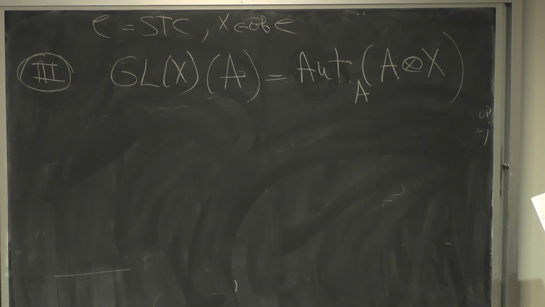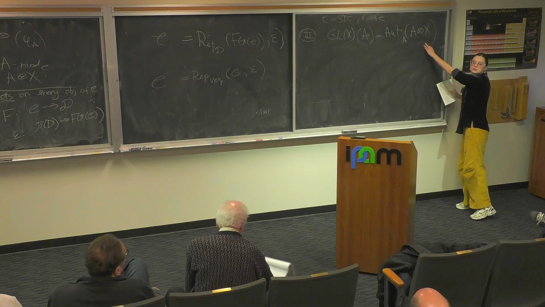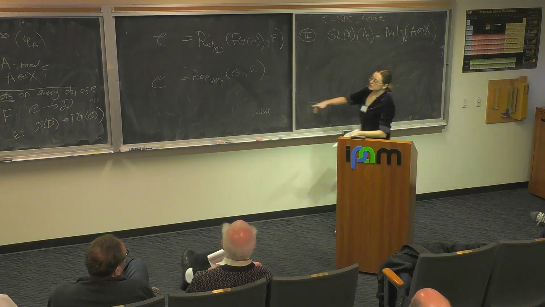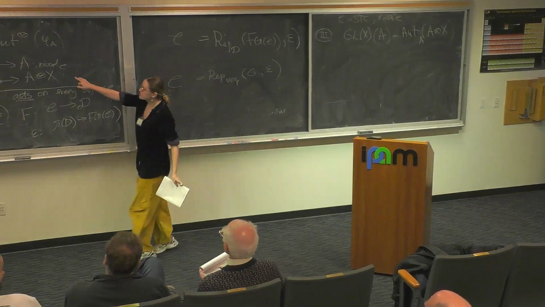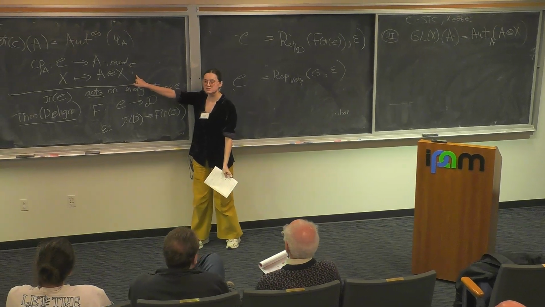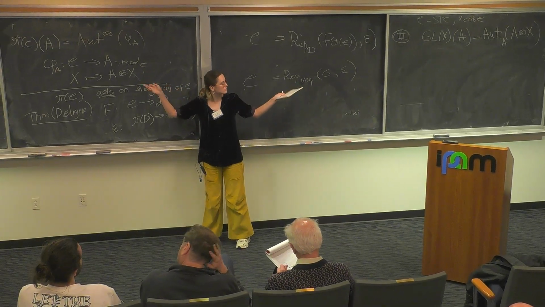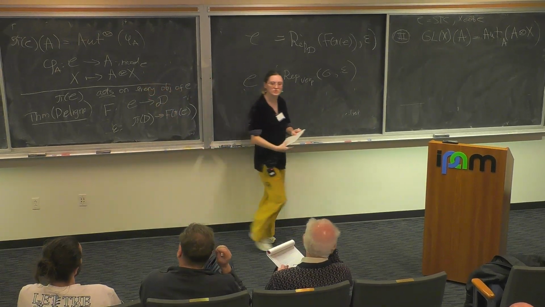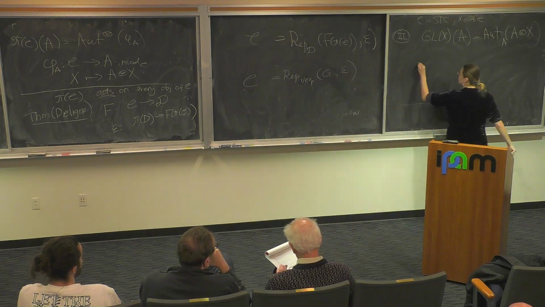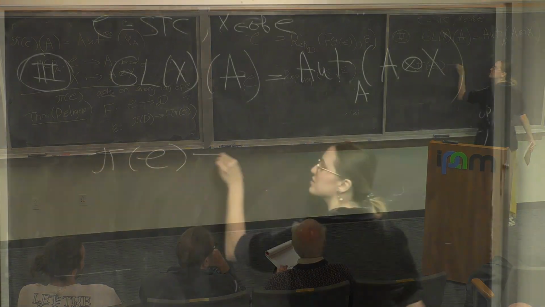So you can see now that since it's automorphisms of A tensor X, just by staring at this definition, every such group scheme comes with a natural homomorphism from pi of C.